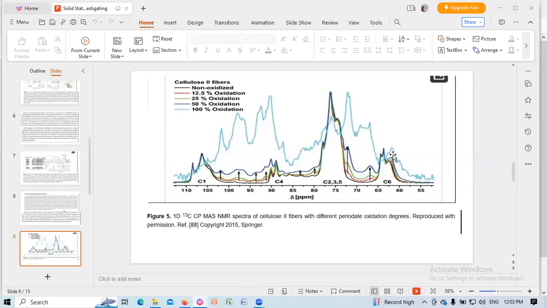Effect of oxidation on pulp and viscose cellulose.